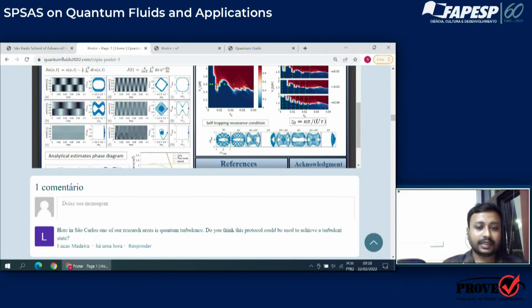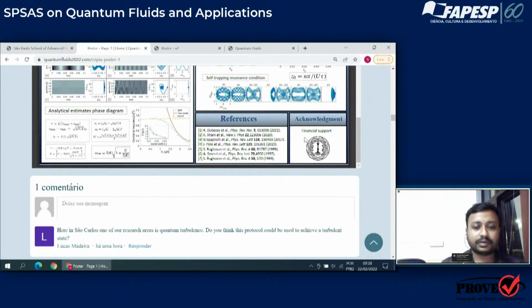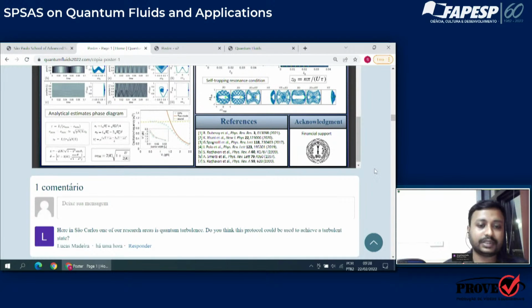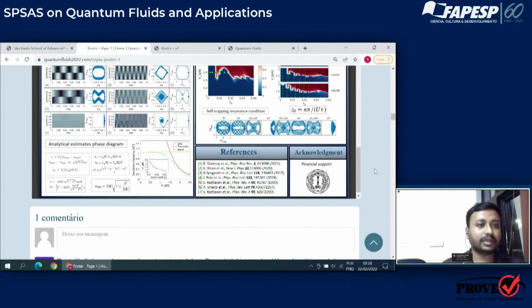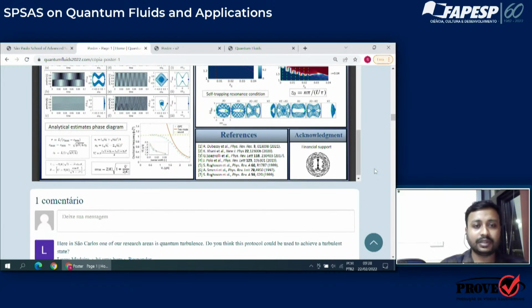But as far as I know, to reach quantum turbulence we have to modulate the barrier. So one can reach the turbulence state here if one can modulate the time dependent barrier vertically, or move the barrier axially, oscillating back and forth in the double well potential. But in this particular case, quantum turbulence is not possible.